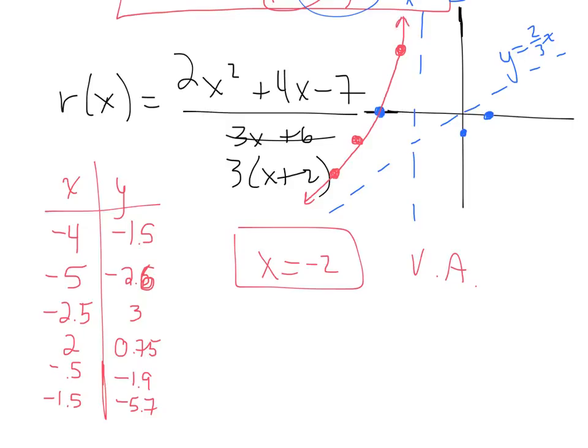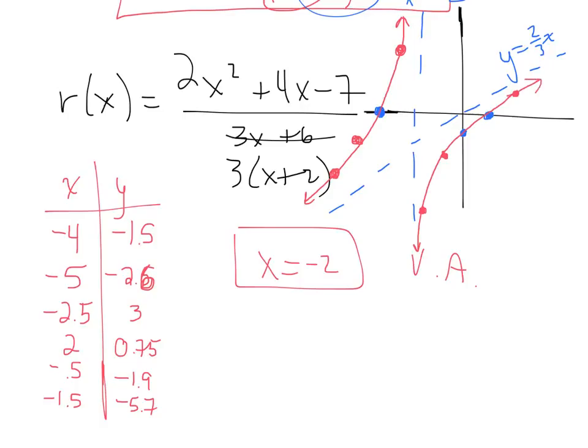There's that part of the graph. On the other side, we'll plot 2, 0.75. Negative 0.5, negative 1.9. Negative 1.5, negative 5.7. So again, we see the curvature of this part of the graph.